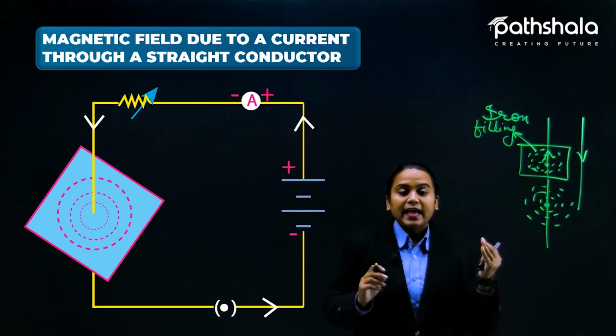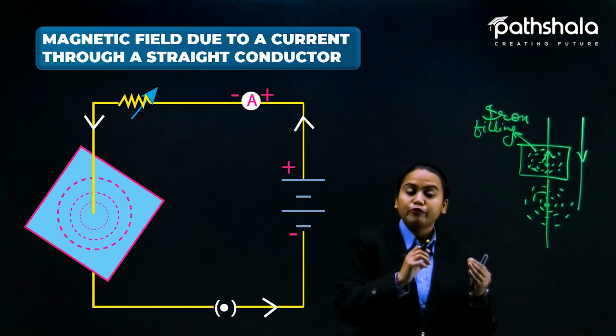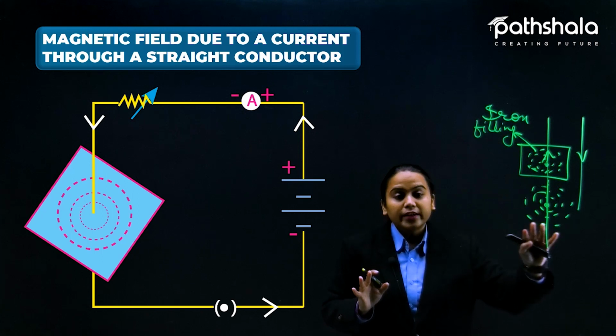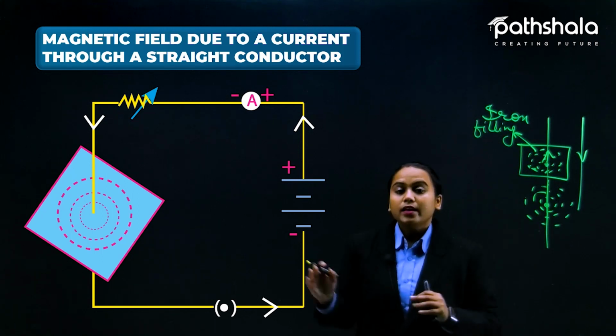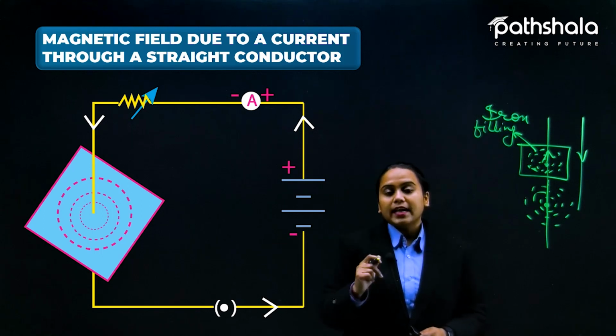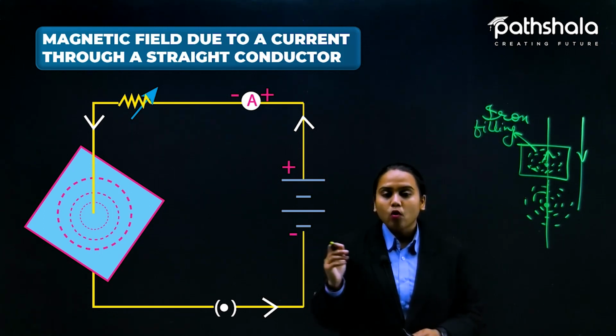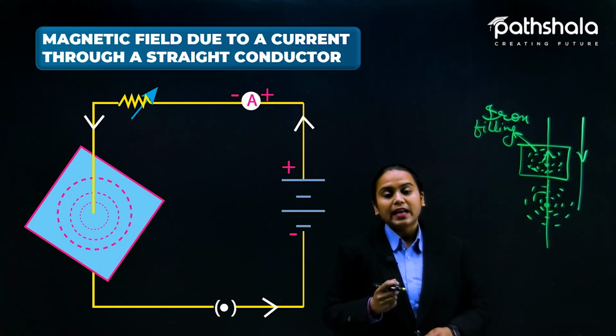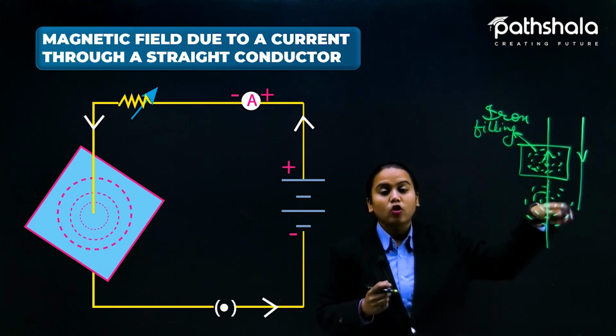So we can say that yes, here also magnetic field lines are generated, and they are generated in a concentric circle manner when the conductor is a straight conductor. So this is an experiment, and we can do that at home also. This is a very easy experiment.